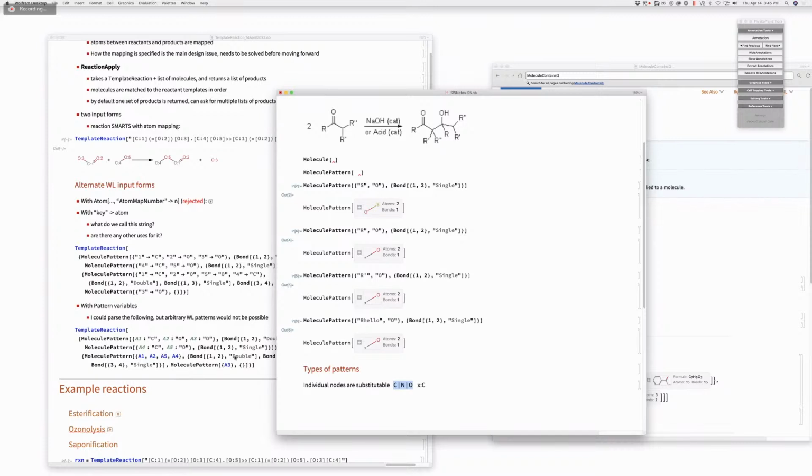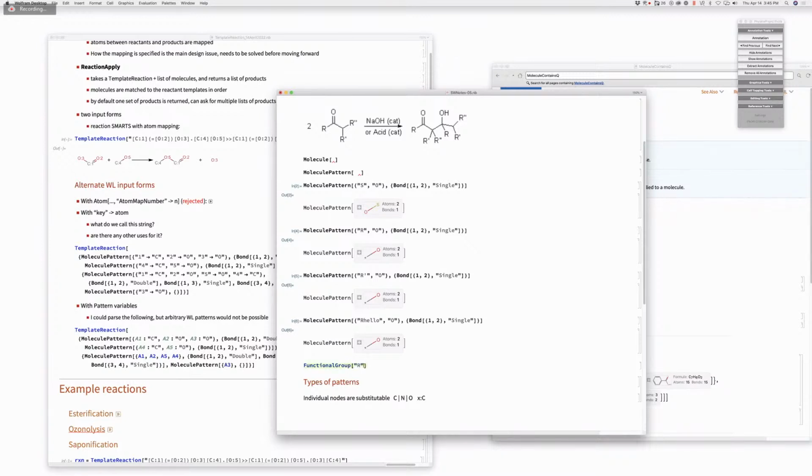And so we want a notation for that, but we also want a notation for the case where we're representing things like this, which I would have expected to be more like the molecule pattern story. Or to be able to put something as a courtesy into a molecule and have it puff itself out into a molecule pattern.